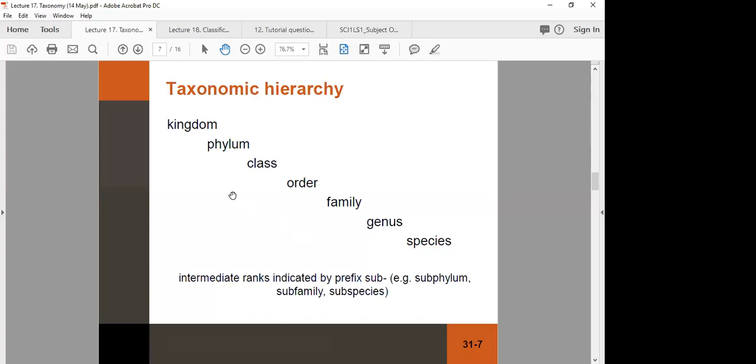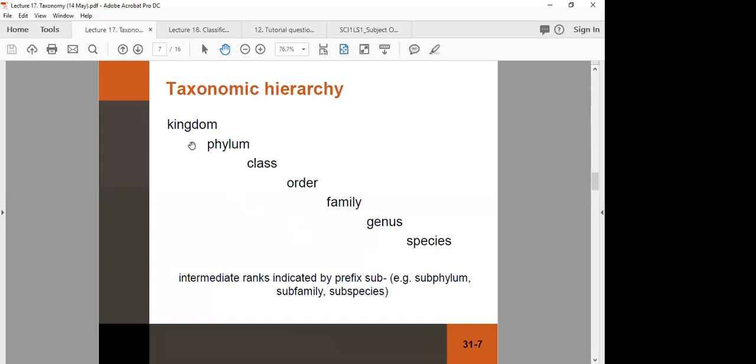As I said to the students this morning, this would be a very, very good slide to memorise. So think about some way of remembering the order of these taxonomic levels for the final exam. Okay, so come up with some way. I can't remember what other students have come up with because I do have my own method of remembering these.